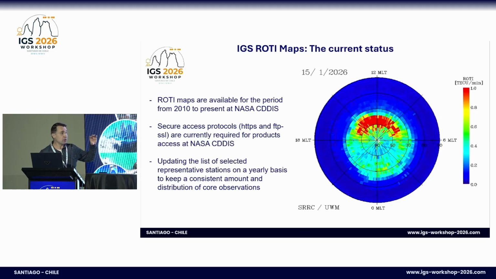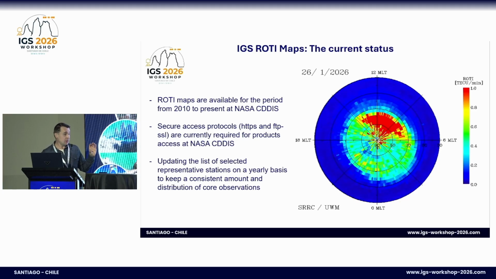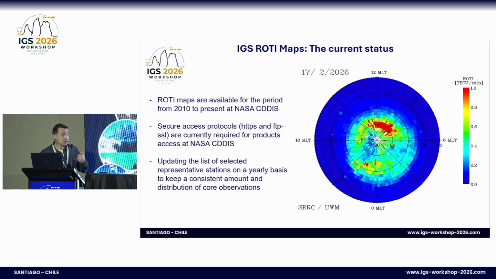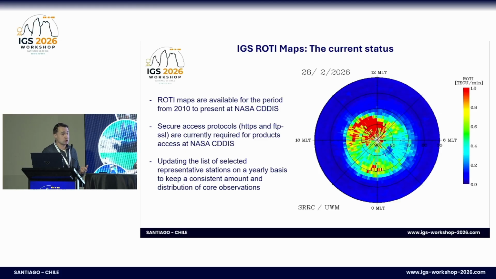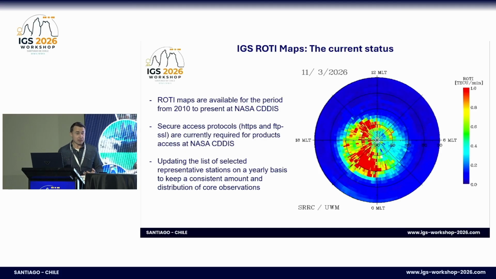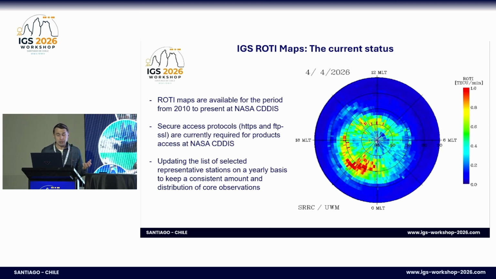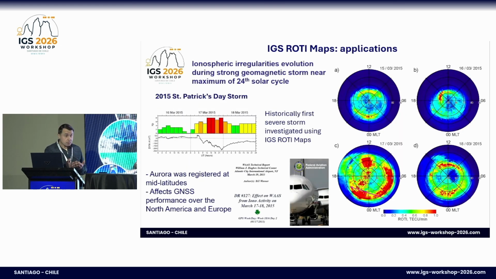This oval of irregularities extended toward equatorial latitudes as a response to increasing geomagnetic activity, particle precipitation, currents and plasma motion. And here are just a couple of samples of how it looks when we have pretty strong magnetic storms, specific events.